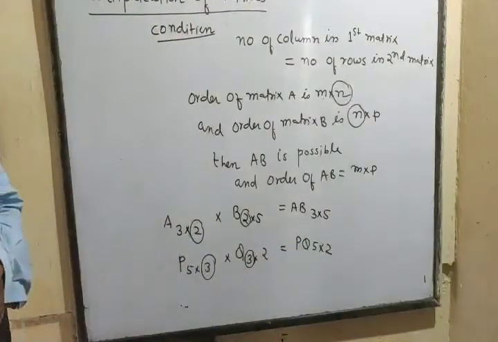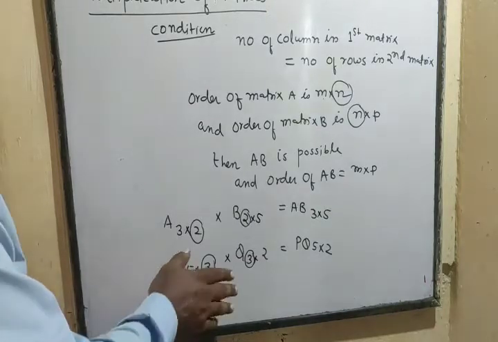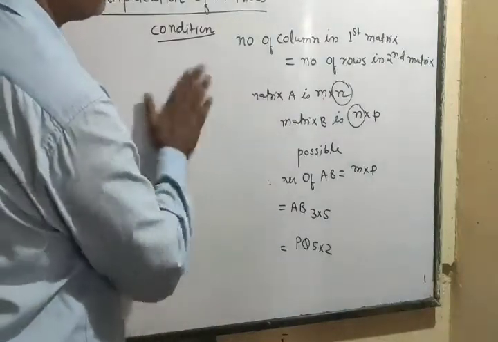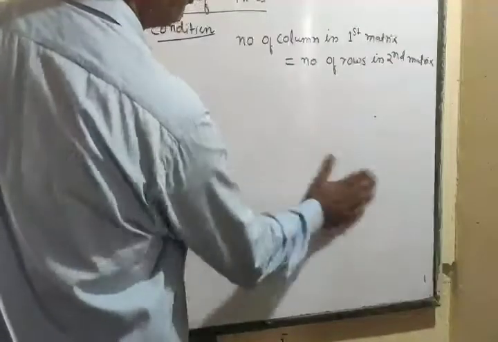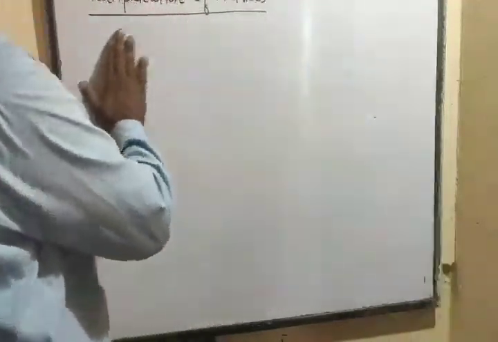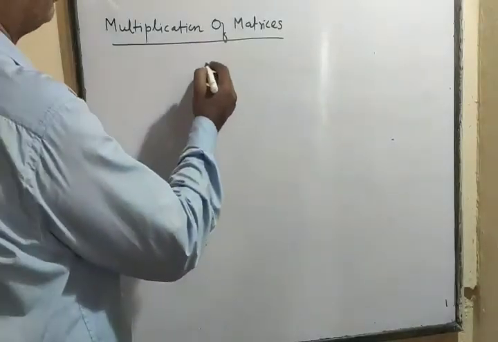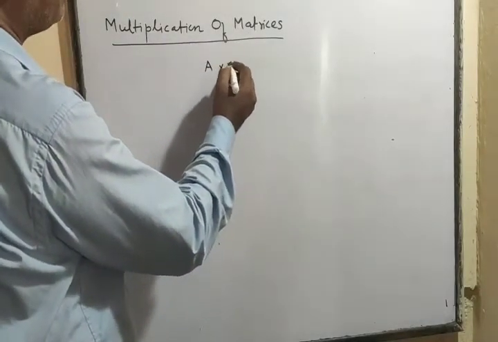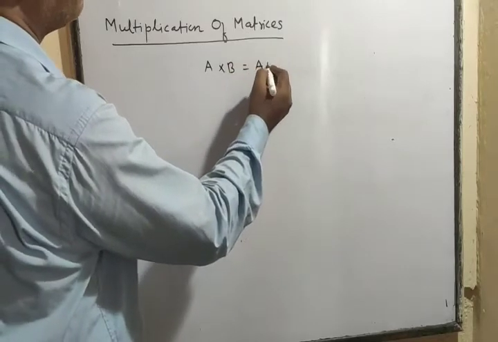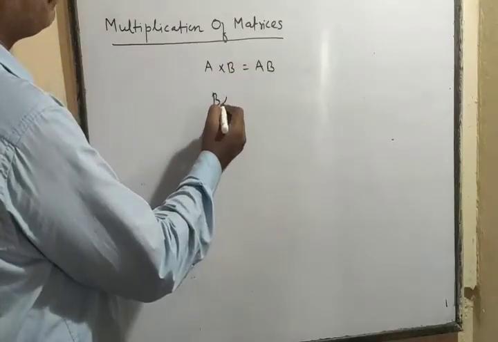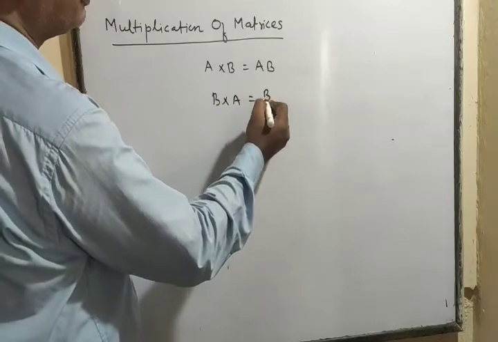One more thing you have to know: when we are finding AB, we are calculating the product of A and B. If A and B are multiplied, then AB is calculated, and if B is multiplied to A, then BA is calculated.